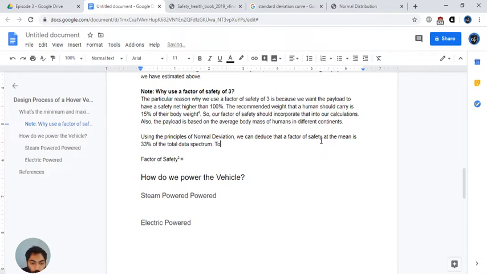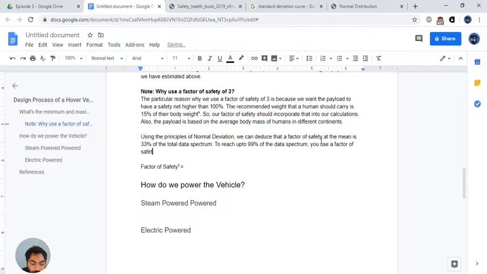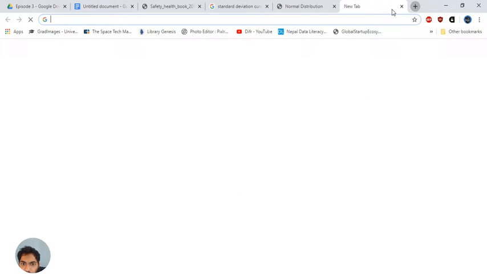To reach up to 99% of the data spectrum, you use a factor of safety of 3. I know there's a principle to do this. I can't think of it off the top of my head.